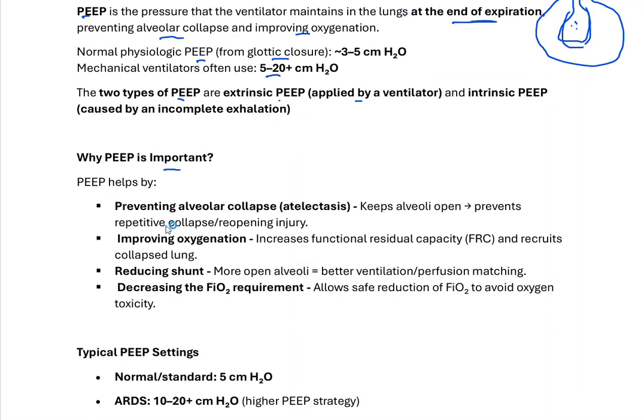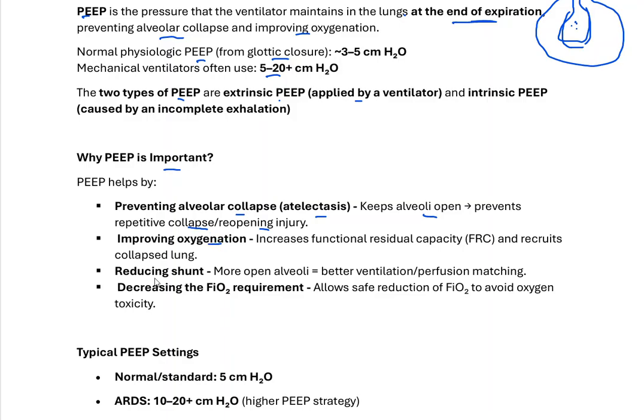So one, like we mentioned, PEEP helps to prevent alveolar collapse. So it prevents atelectasis, right? Thereby preventing atelectrauma. It keeps the alveoli open and prevents repetitive collapse and reopening injury, which is what we call atelectrauma, right? It also helps to improve oxygenation, right?